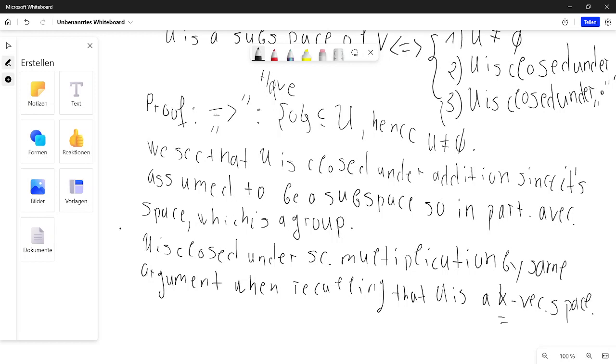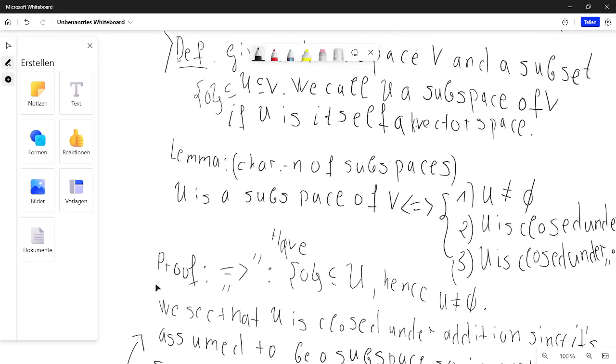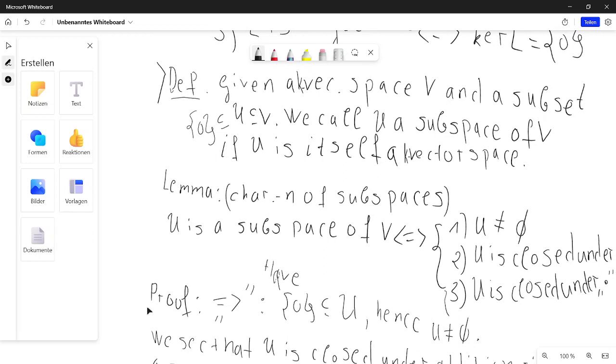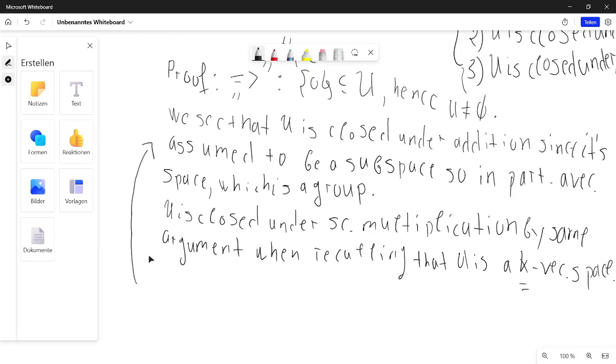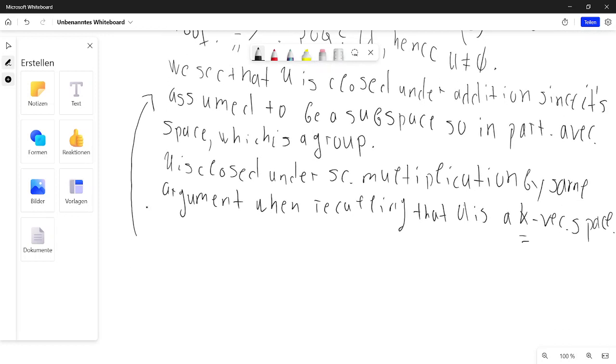Because you see, maybe I should explain it in a little more detail, because probably you are not quite familiar with this kind of reasoning. When we say that we have a vector space V and a subset U of V, and we call U a subspace of V if U is itself a K vector space, then what we mean is actually the following.